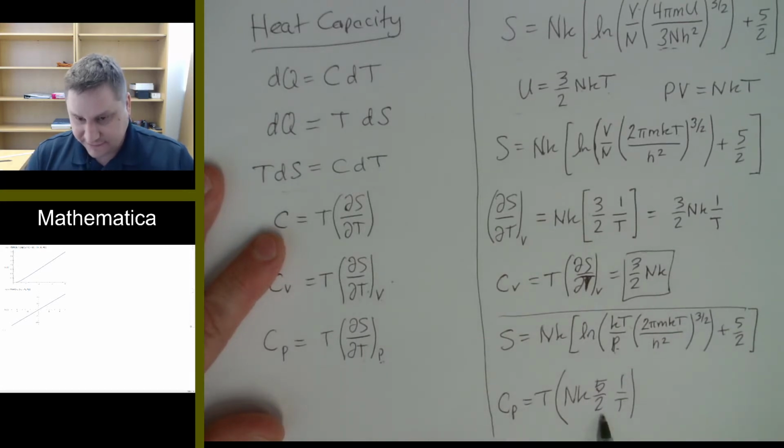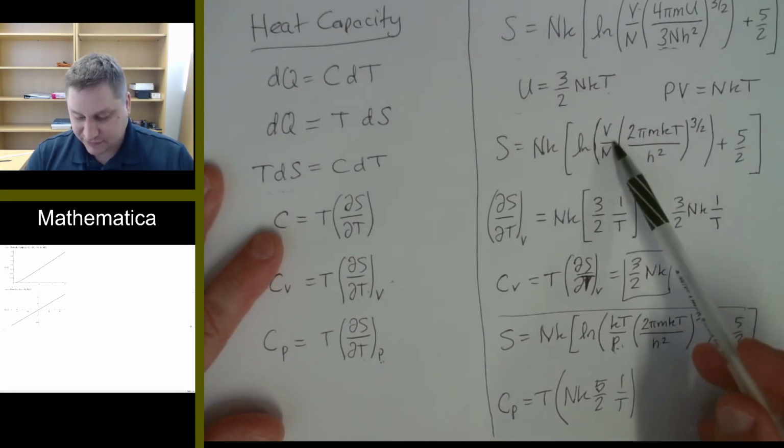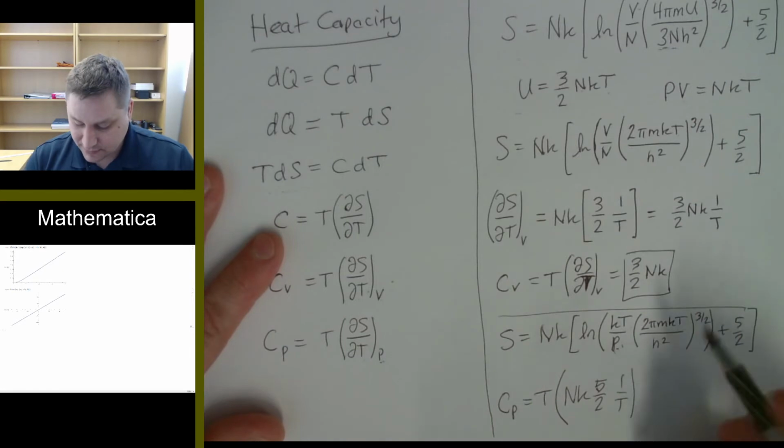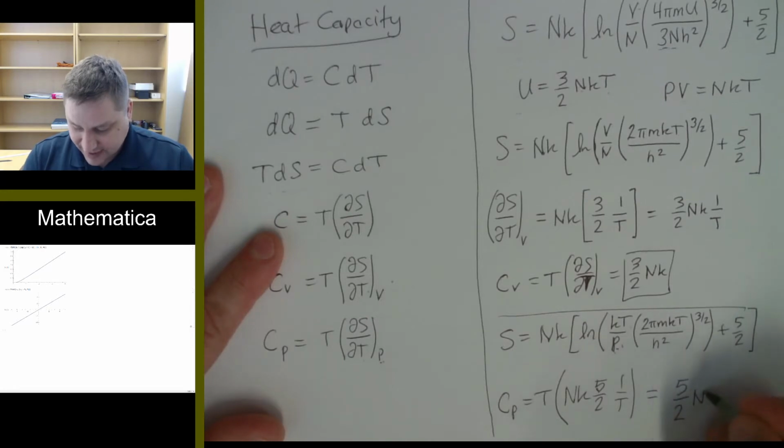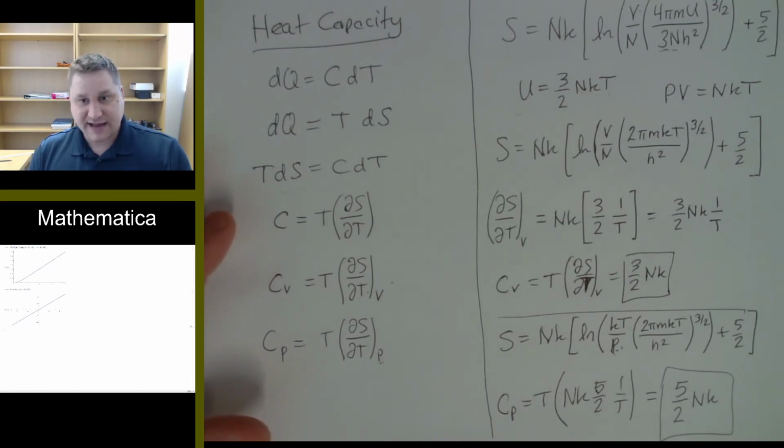So you see how this differs from this because we put this in terms of P instead of in terms of V, and that changed the places that the temperatures were. Okay, so when we simplify this, we'll just get back to 5/2 nk, which we understood in the past was the heat capacity of that gas at constant pressure.